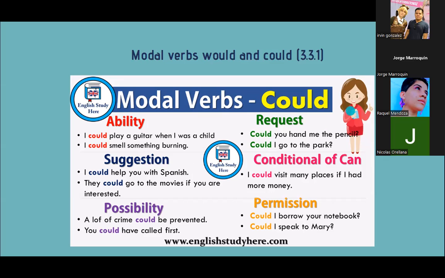We use it for conditional of can. Conditional of can. Very good. It shows possibility. Very good. And it shows permission. It shows permission. Very good.